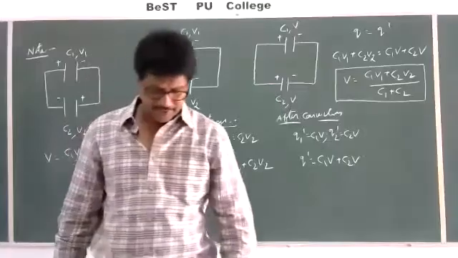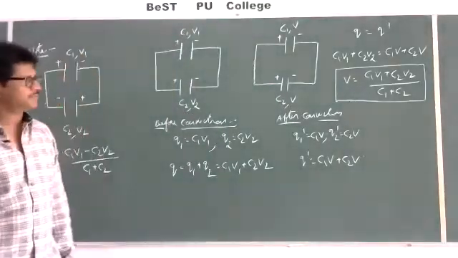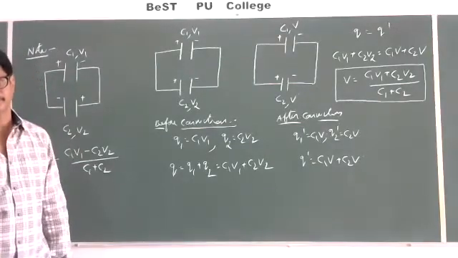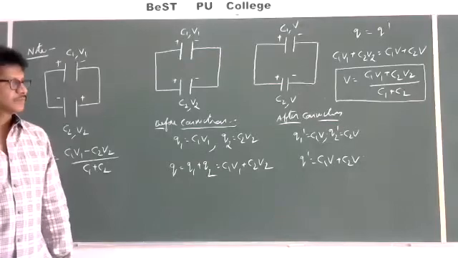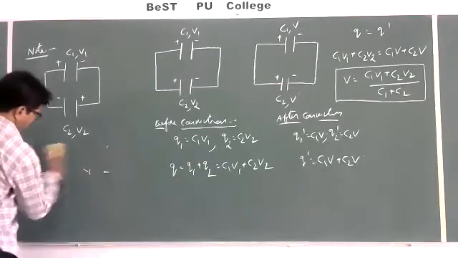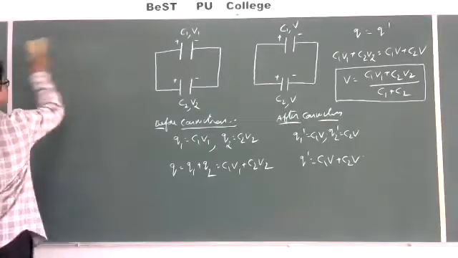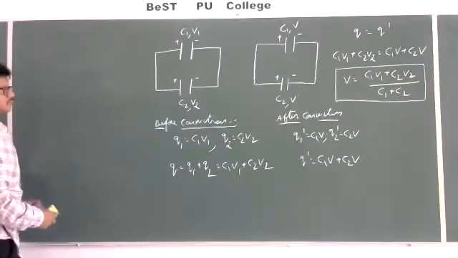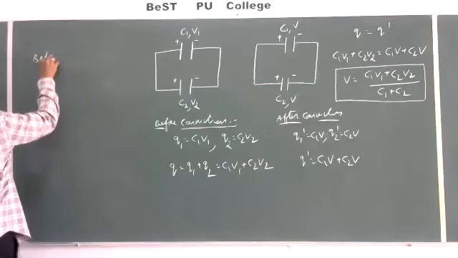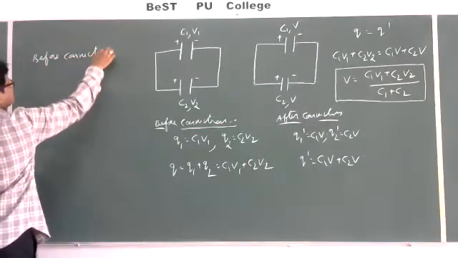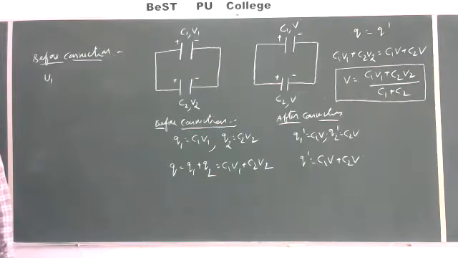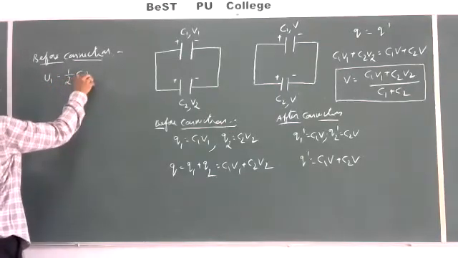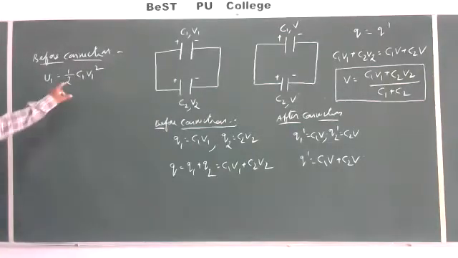Okay. Next heading: loss of energy. Before connection, the energy of the first capacitor, U1, is equal to half C1 V1 square, from the half CV square formula.